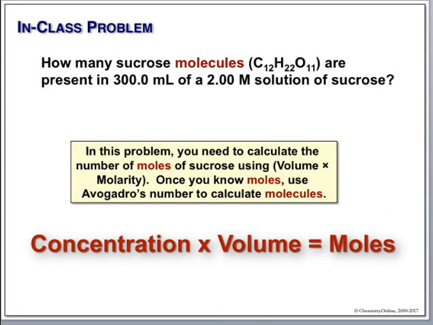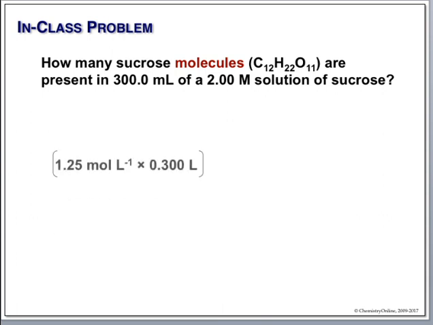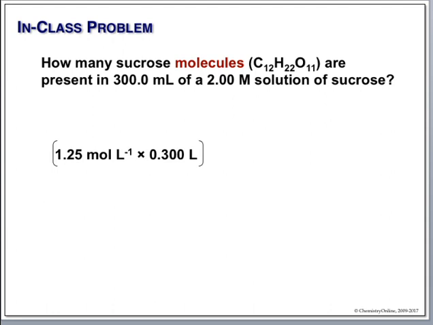Concentration times volume. I changed this from milliliters to liters. The liters will cancel, and we're left just with moles. This is how many moles we have. Now, how many things are in 1 mole? 6.02 times 10 to the 23rd, right?